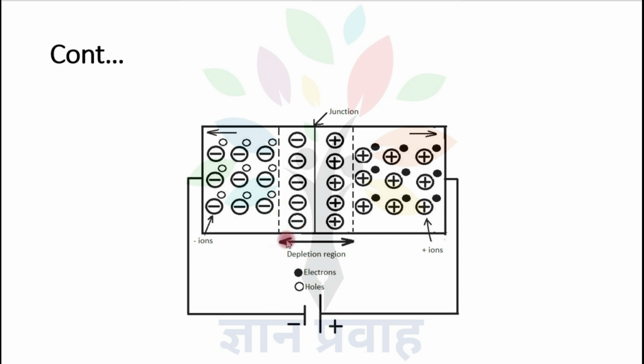It means the width of the depletion region increases. The immobile charge carrier region increases, or the barrier potential increases, in a reverse bias PN junction diode. So there is no current conduction, but minority charge carrier concentration is there.